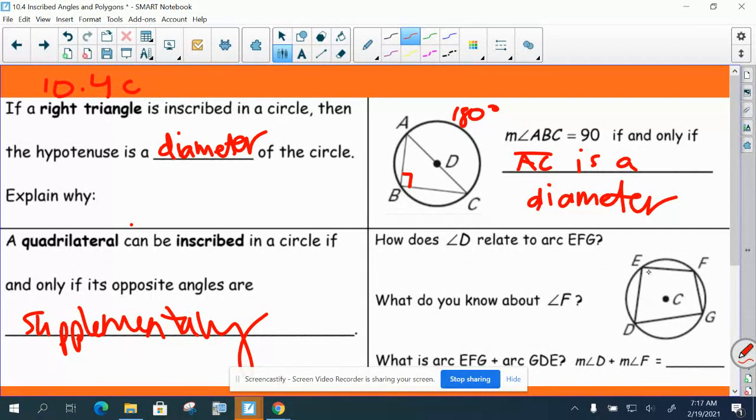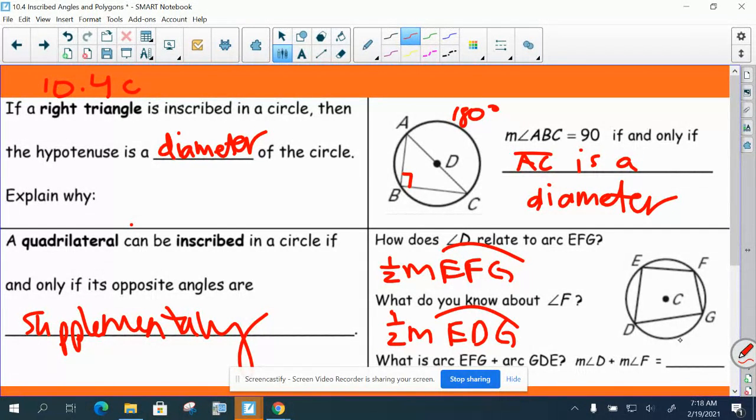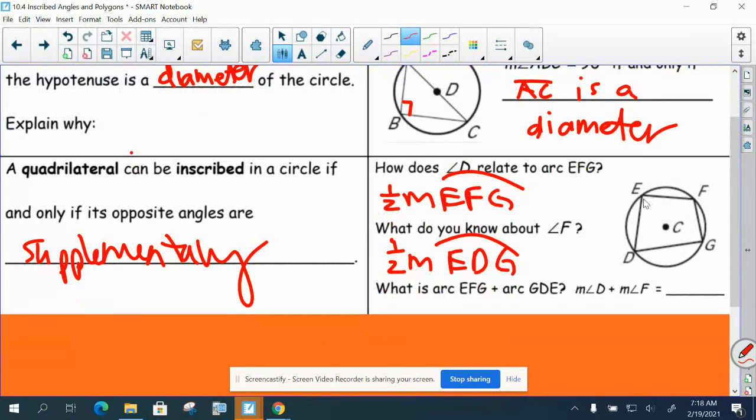Angle D is 1/2 of the measure of arc EFG. Whatever this is, angle D is 1/2 of it. How about angle F? Well, it's 1/2 of the measure of arc EDG. So the other part of the circle, it's not exactly half and half, but it's one part and then the other part of the circle, which makes the whole circle.